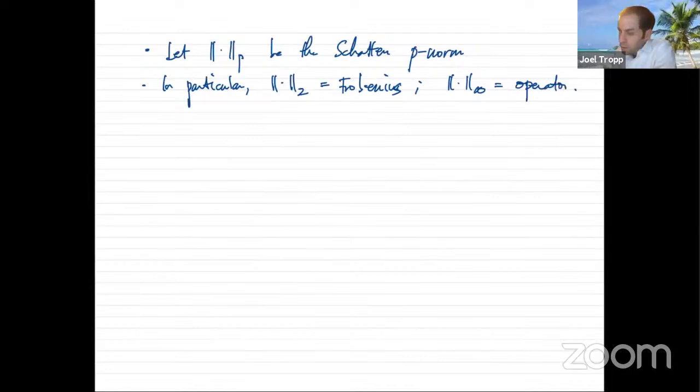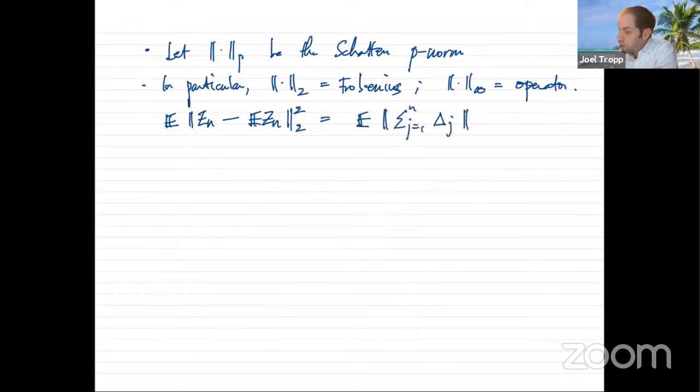All right, let's start out with the deviation of Zn from its mean in the squared Frobenius norm. Now, remember that this is the expectation of the sum from j equals 1 to n of these fluctuations, delta j, squared.